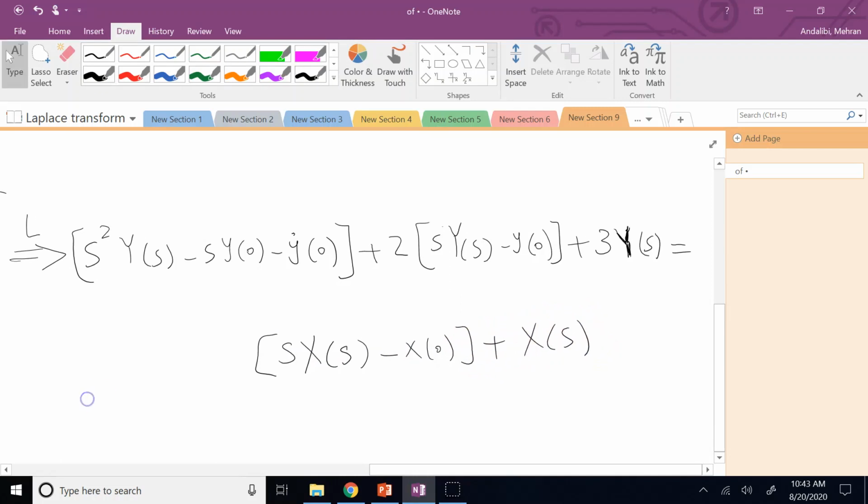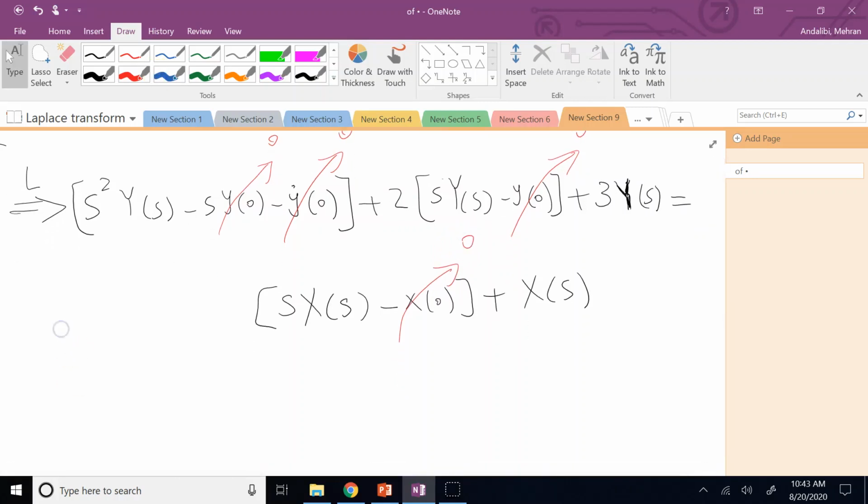Okay, so I have applied Laplace to both sides of my governing differential equation. Now I assume 0 initial conditions. So any initial condition I have, I assume they are all 0.